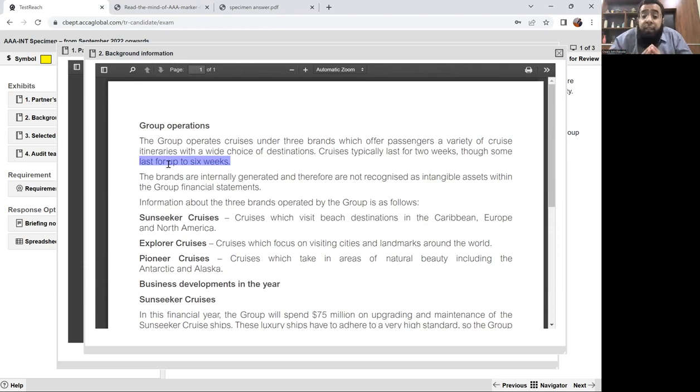If you remember, this information was very useful when we were developing a risk on revenue recognition policy, because they were recognizing their entire revenue together. So we highlighted this point in the previous class that when the cruise goes up to 6 weeks, the recognition of revenue shouldn't be done all together. We'll read about the revenue recognition policy when we look at selected financial information extra.